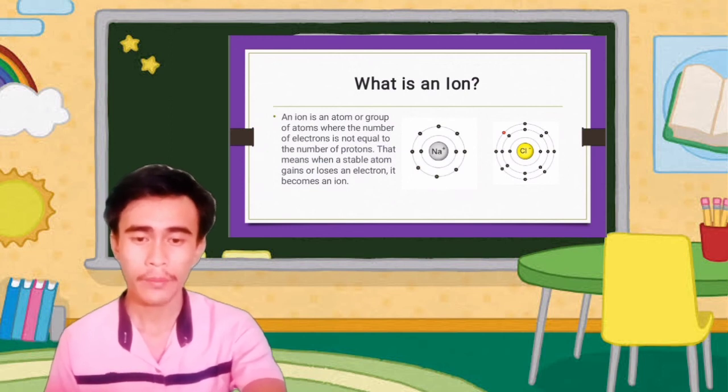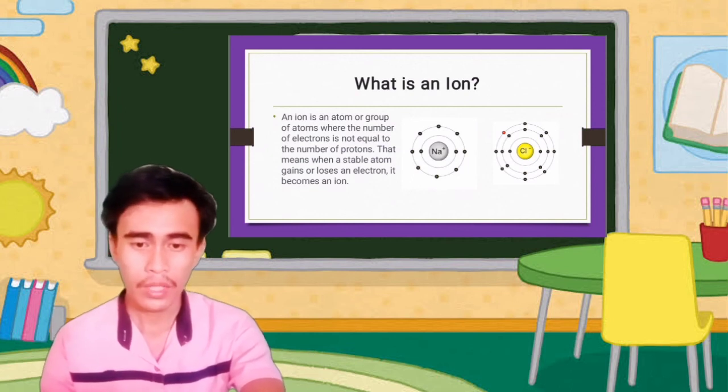For example, we have sodium chloride, with sodium and chlorine. Our sodium transfers electrons to the chlorine.